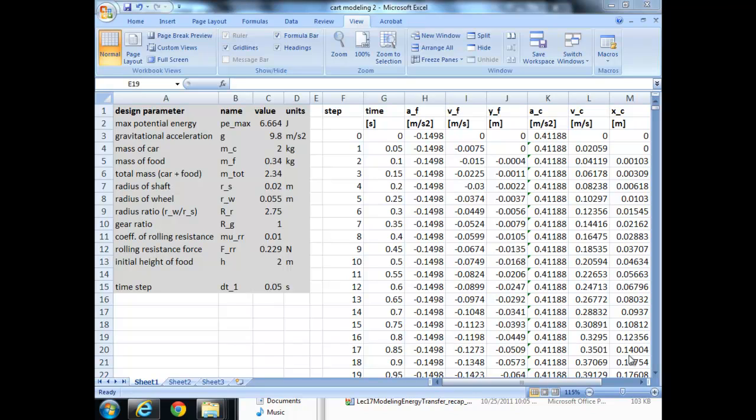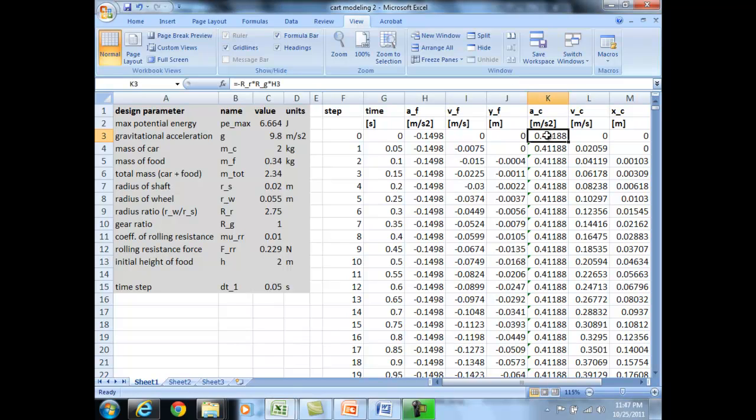You'll recall that the equation we derived for AC, which is this equation here that refers back to AF, is acceleration of the car during the propulsion phase. And so we need to switch that to the acceleration of the car in the coasting phase at the right time. And that time, the right time, is when the food item hits the bottom.